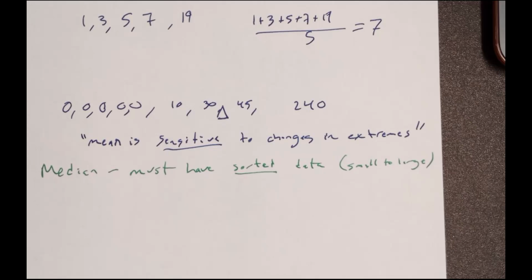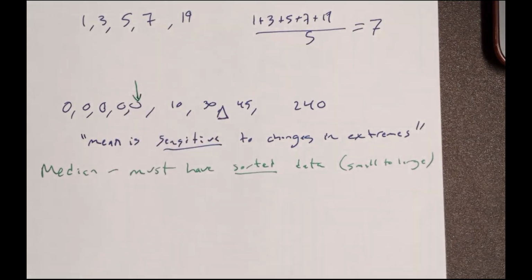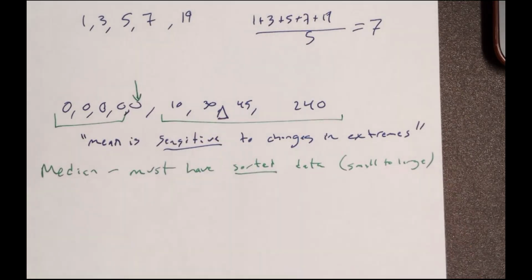But in this list of 9, it would be the 5th one. Because I would say, oh, if I put my median here, then there's the same number of bits down here and the same number of bits up here. So instead of splitting my list by balance, I'm now splitting my list just by count. How many are in the low half and how many are in the high half?